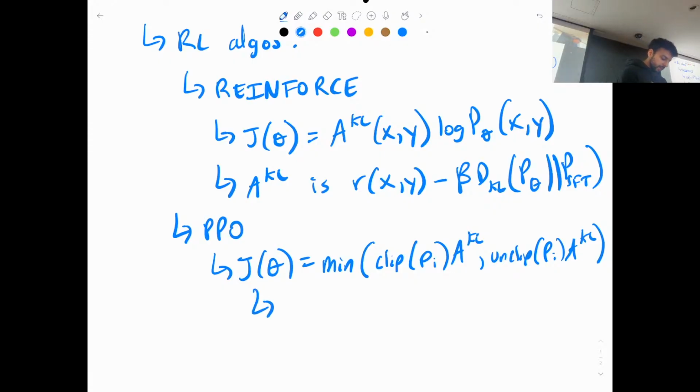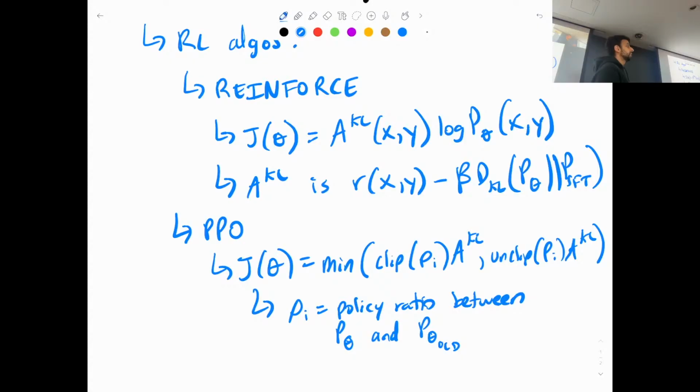So here, this rho, again, is the policy ratio between p theta, which is our current model, and p theta old, which is initialized to be p theta for a given batch, but then we actually perform multiple updates on this batch where the p theta deviates away from p theta old, and so then you start getting into some tokens may be in the outside of the clipped range, and so we won't be updating those, right?